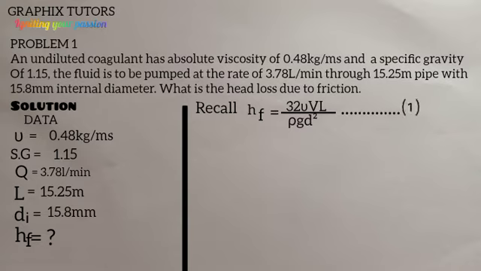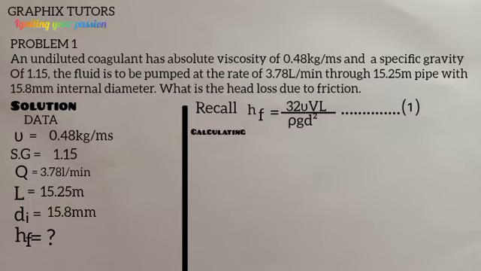If you look at the formula I just wrote down, you discover that we have the viscosity and the length, but we don't have two parameters, which are the density and the velocity. So the first thing we have to do is calculate the velocity.